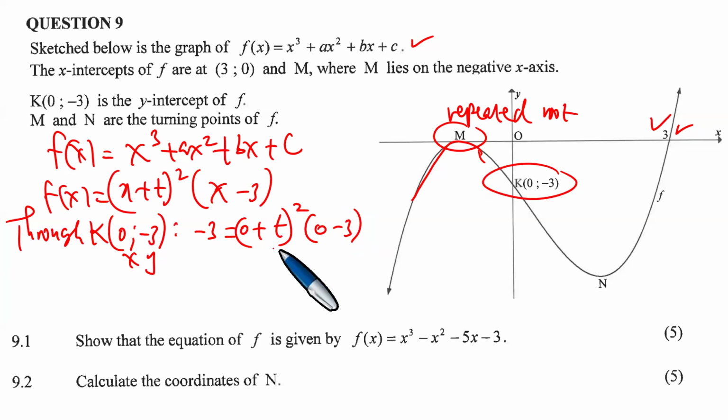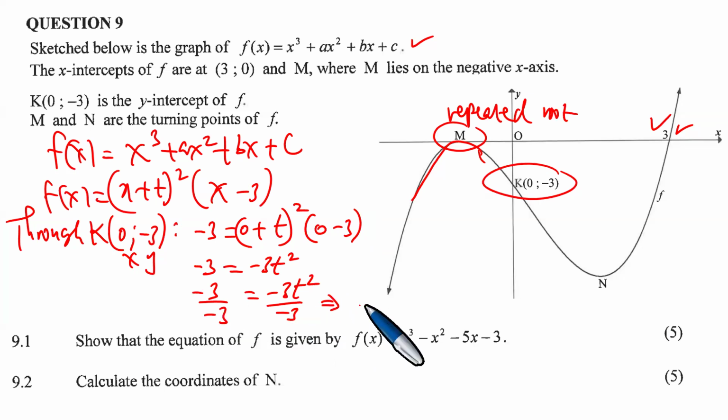Zero minus 3. We have -3, and then this is equal to -3t squared. You divide by -3, divide by -3, and therefore 1 equals t squared.